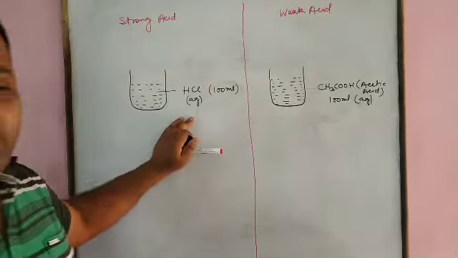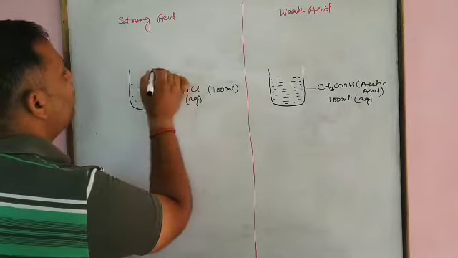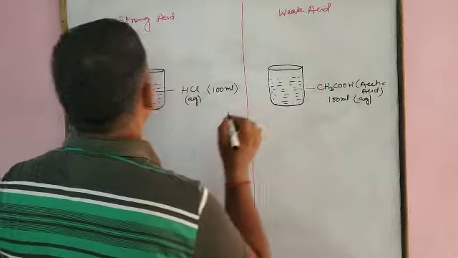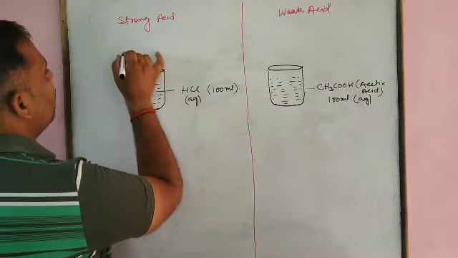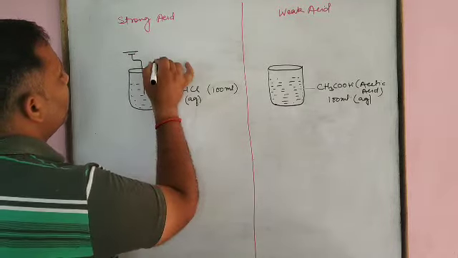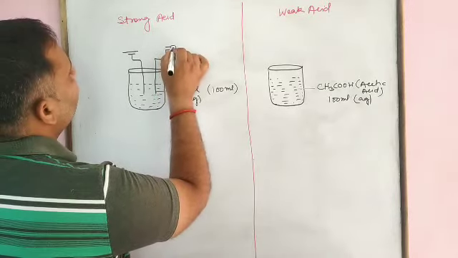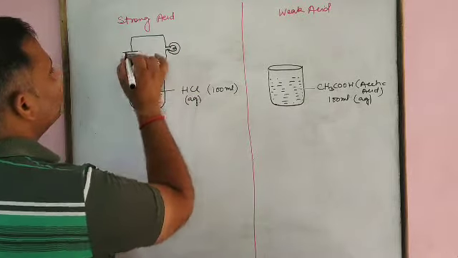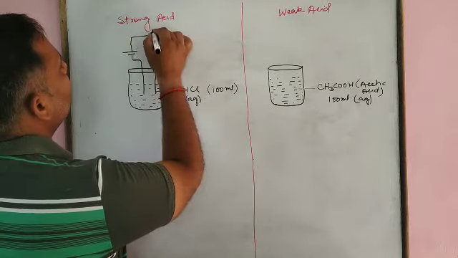If the acids are aqueous, then they will conduct electricity. Let us have an apparatus. We will take a battery, attach the bulb, and in this case, we will use a switch here.